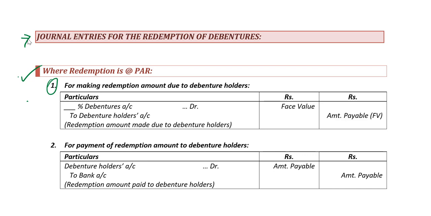We will debit percentage debentures account to debenture holders account with the face value of the debentures, and that is the amount which has to be paid to the debenture holders because the redemption is at par. In the second entry, we will pay the redemption amount to the debenture holders. Journal entry: debenture holders account debit to bank account with the amount which is payable to them.